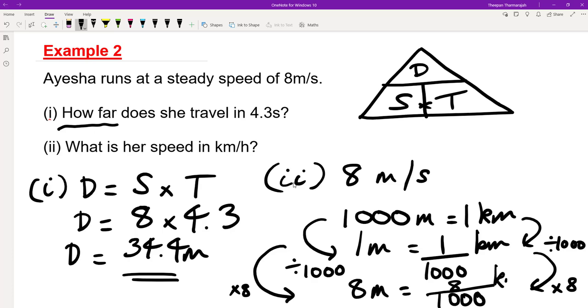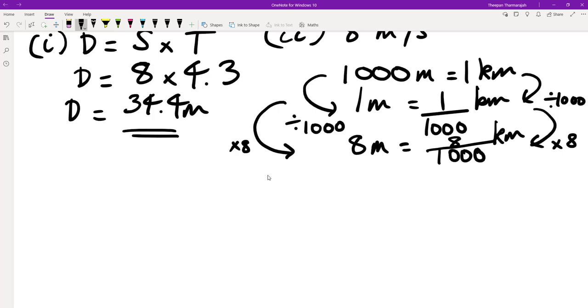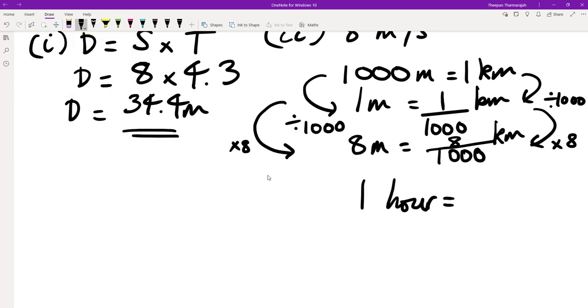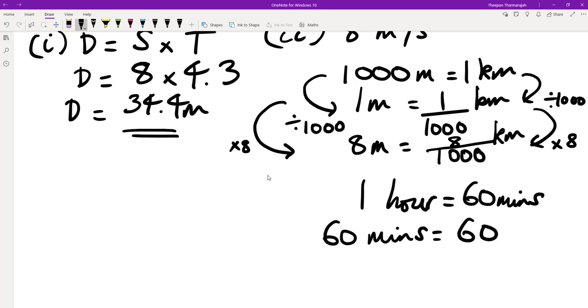in terms of kilometers. The other issue we've got here is it's in hours, not seconds. But we can do the following. In 1 hour we've got 60 minutes. So in 60 minutes, you've got 60 seconds. So that means in 1 hour, it's going to be 60 times 60.